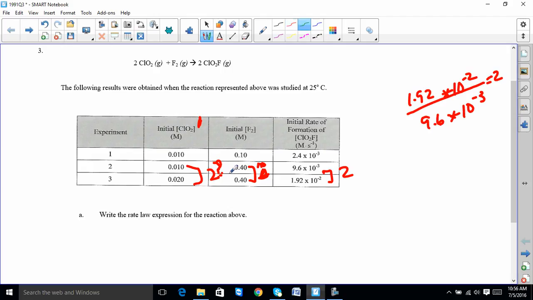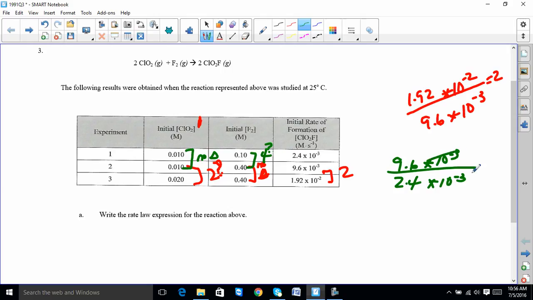Now, to find the order with respect to fluorine, you hold the chlorine dioxide constant, which is trials 1 and 2. This is no change. This quadrupled, because 0.40 divided by 0.10 is 4. And then 9.6 times 10 to the negative 3 divided by 2.4 times 10 to the negative 3.